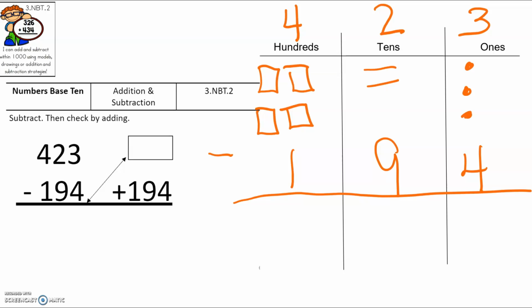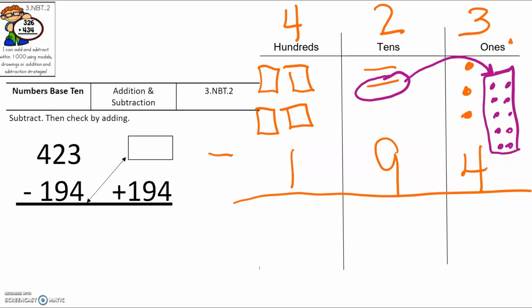Okay, I'm going to start over here in the ones place, and I have to take away 4 ones, and I do not have enough. But I have some tens here, so I'm going to take a 10, bring it over here, and break it down into 10 ones. 1, 2, 3, 4, 5, 6, 7, 8, 9, 10. This 10 right here is now broken down into 10 ones.